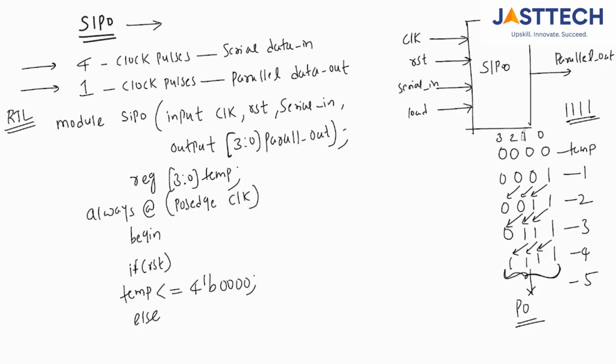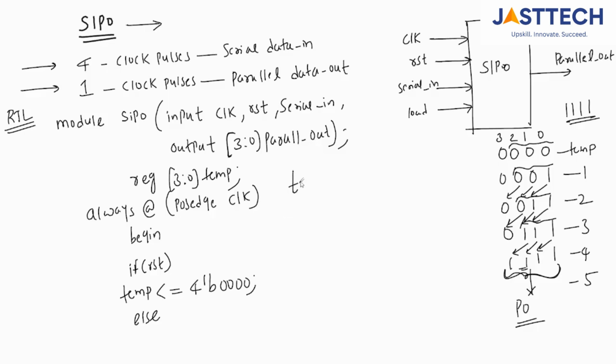As I told you the concept, every time this will be shifted and this will be copied here: 0 1 1, again 1 1 1, here you are getting. For the left shift, I am using the concatenation operator.